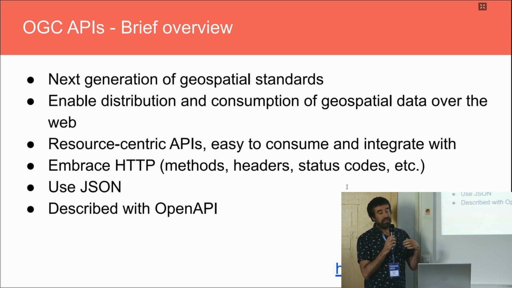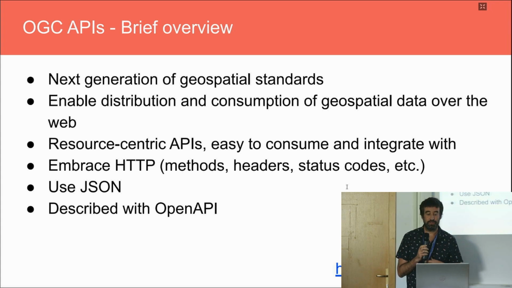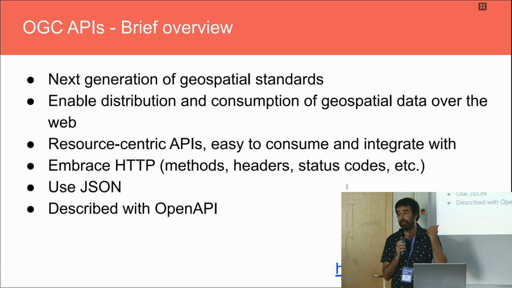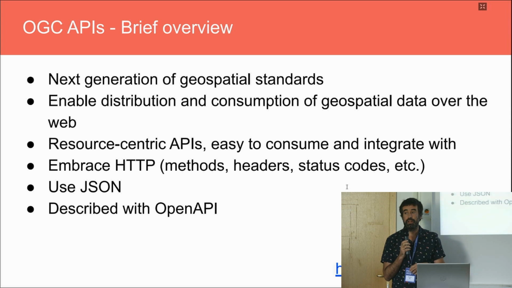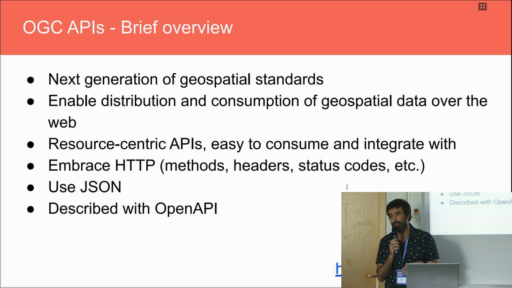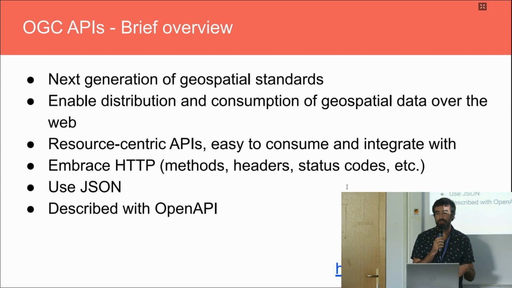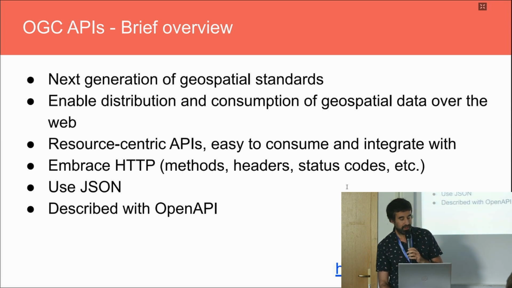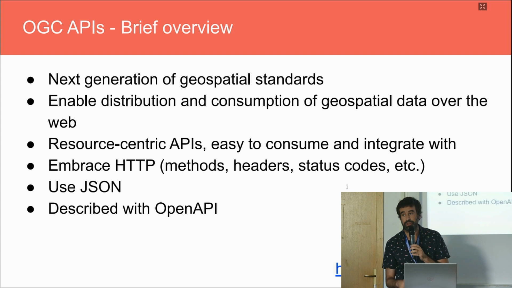It's the next generation of geospatial standards, which aims to be easier to consume and easier to integrate with than the previous OGC web services. It fully embraces the HTTP way of building things for the web, using status codes, HTTP verbs, headers, etc. They use JSON, and they are described with OpenAPI.